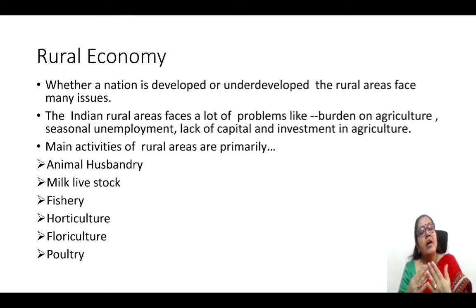In India also, rural areas have many problems, like the burden of agriculture, lack of capital, lack of investment in agriculture, seasonal unemployment, disguised unemployment, and many more. The primary activities of rural areas include agriculture, and apart from that, animal husbandry, milk livestock, fishery, horticulture, floriculture, poultry, etc.